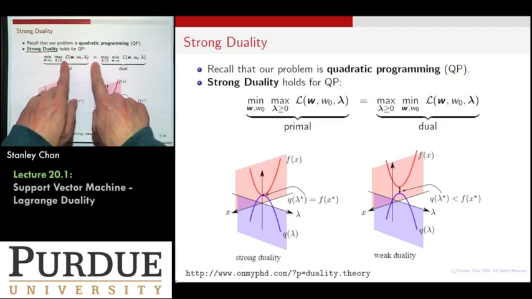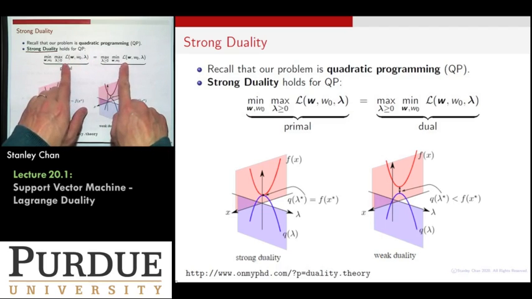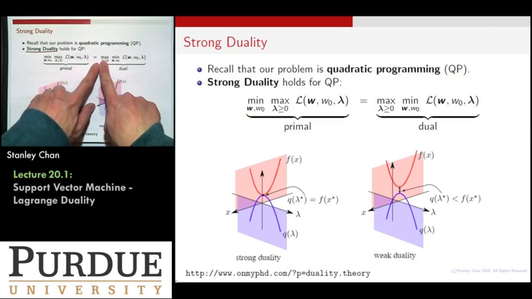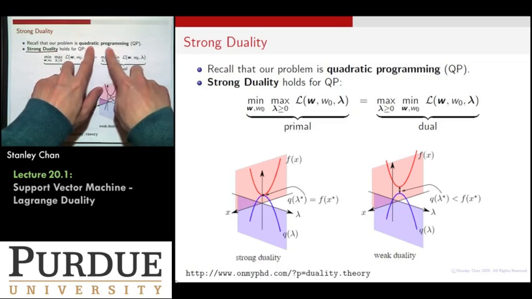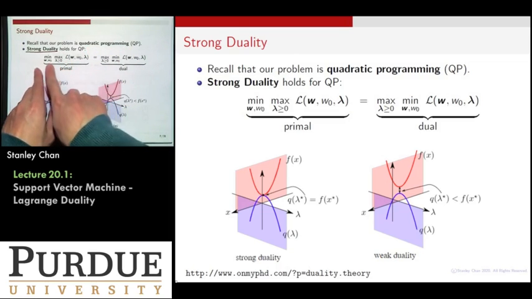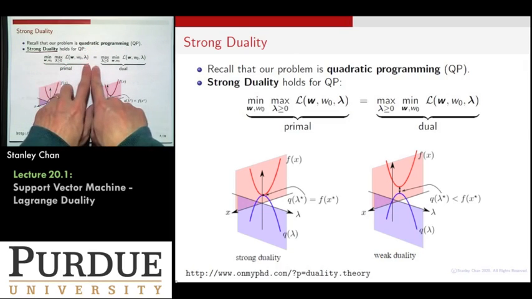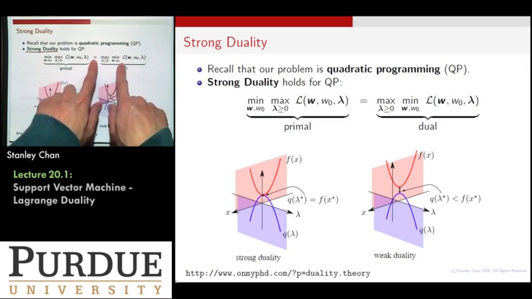It's true when you are solving a convex optimization problem, a strongly convex optimization problem. In our case, we have a fairly simple problem: a quadratic minimization subject to linear constraints. And strong duality will hold for this quadratic programming problem. Therefore, min-max will become the same as max-min.